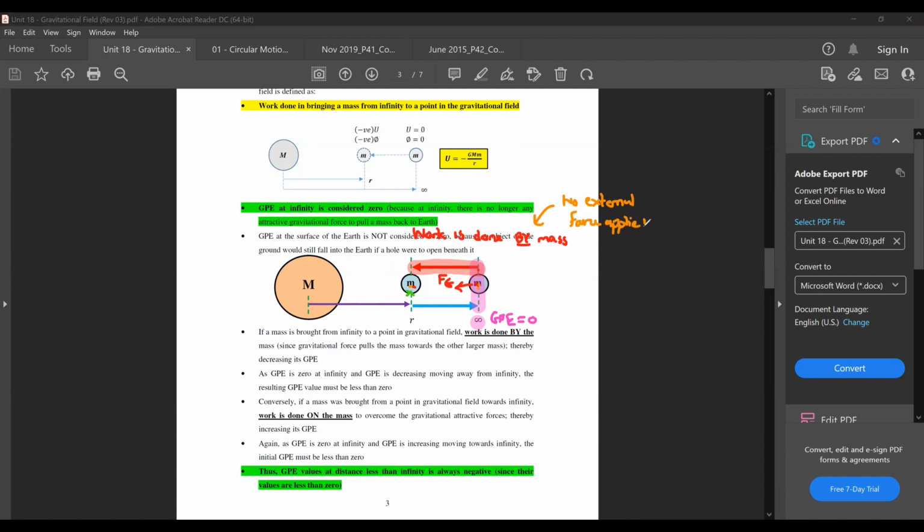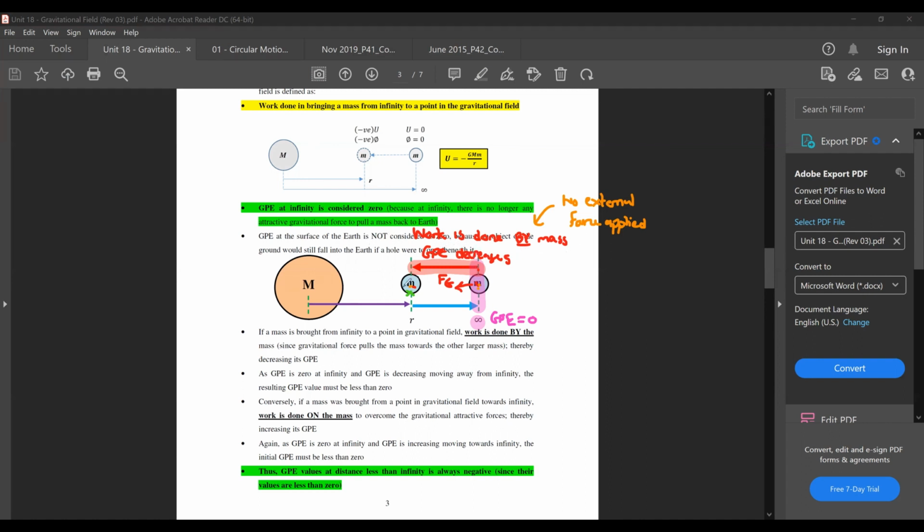Work is actually done by the mass. So when work is done by the mass, GPE will decrease. If work is done on the mass, GPE increases. But if work is done by the mass, GPE decreases. This one is what's happening right now.